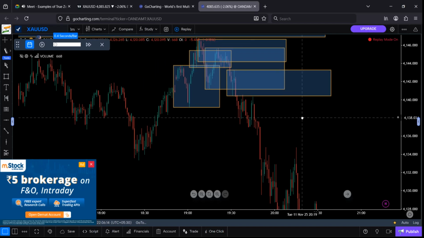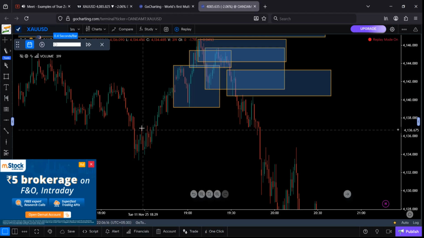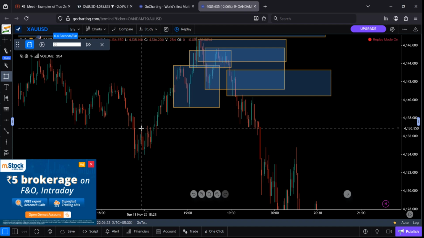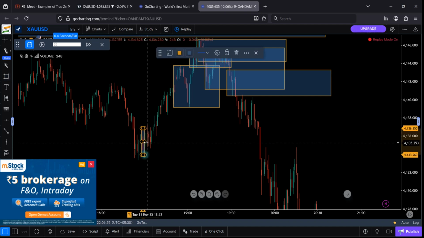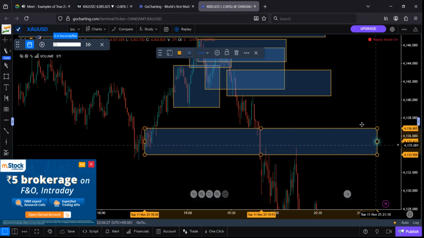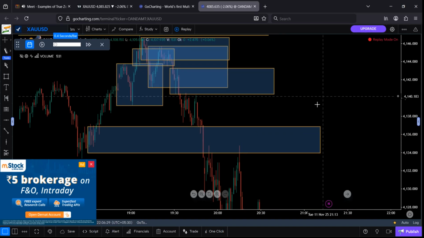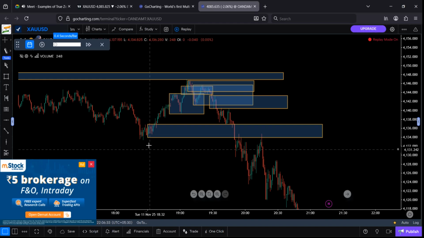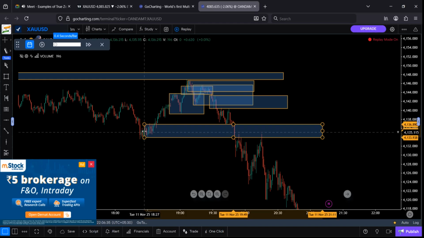Okay, and where is our origin? This one. Price goes up from here. This will be our minimum target. This is our ORFL, right? Like this.